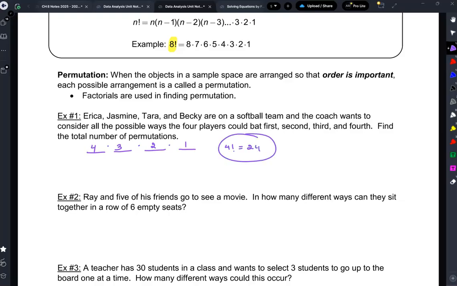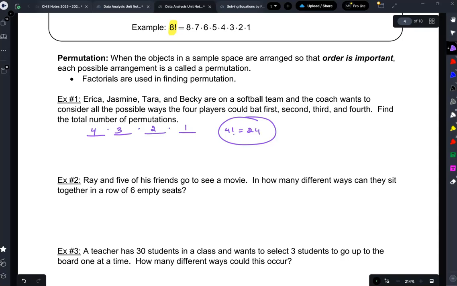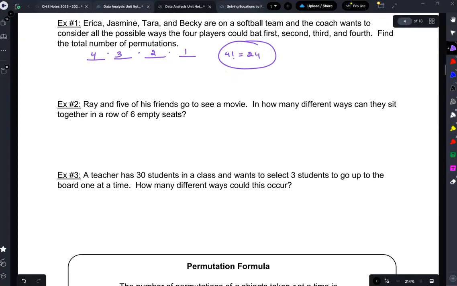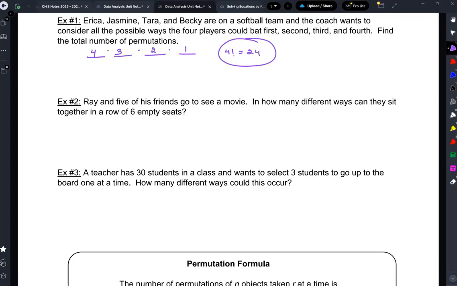So this is how factorials are used to determine permutations. Now, Ray and 5 of his friends want to go see a movie. In how many different ways can they sit together in a row of 6 empty seats? Again, this is going to be 6 factorial, which is 720.